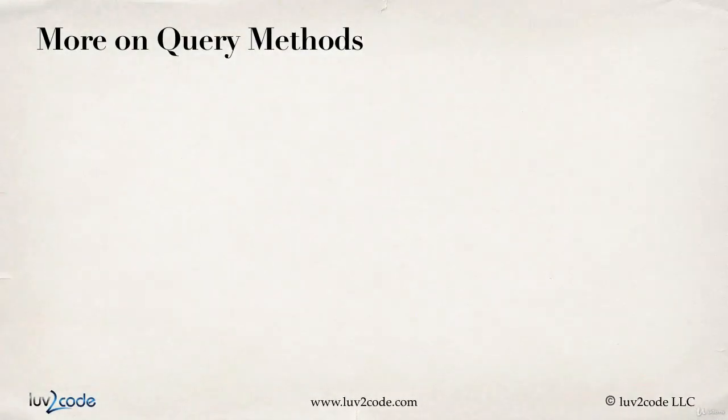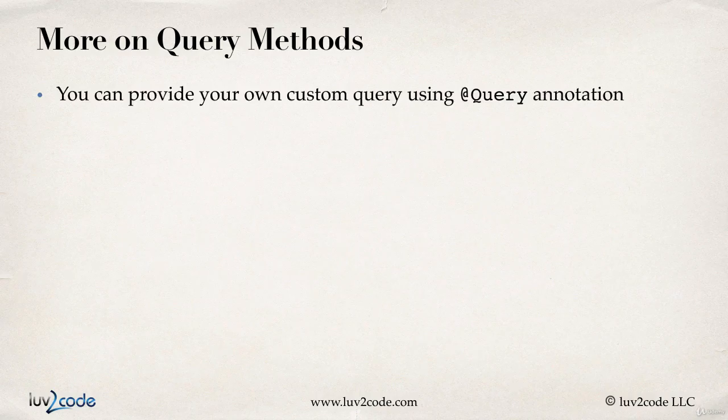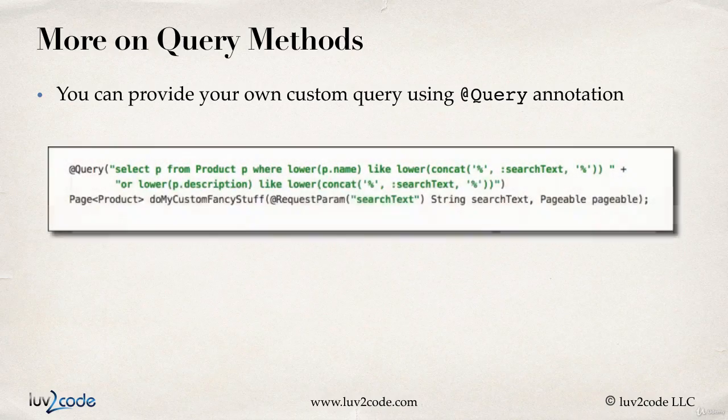All right, a bit more on these query methods. You can provide your own custom query using the @Query annotation, because you say, hey, I don't like the magic of the method name, or I have a very complex, advanced query for my business that I can't write out as a given method. Don't worry. You can use @Query and give your own query for that.